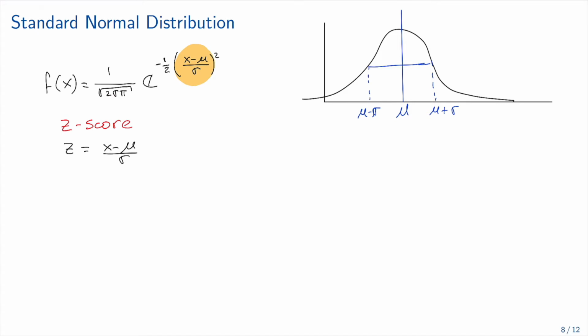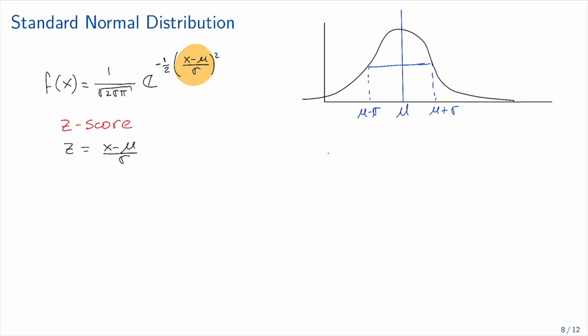By subtracting mu, we are moving our function to the origin, and by dividing by sigma we are normalizing, so we are dividing by the magnitude of the standard deviation. So the magnitudes now are going to be on the order of 1.